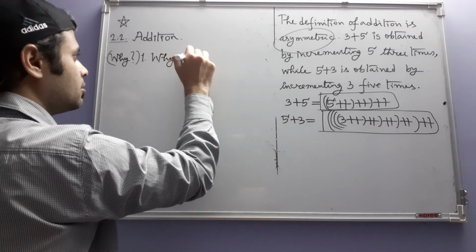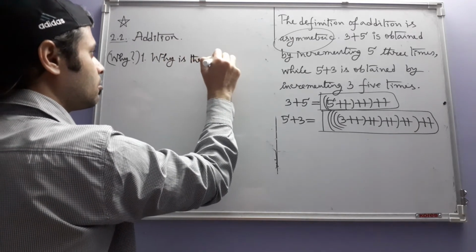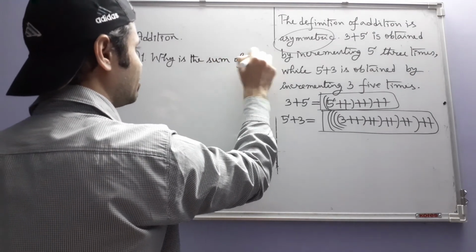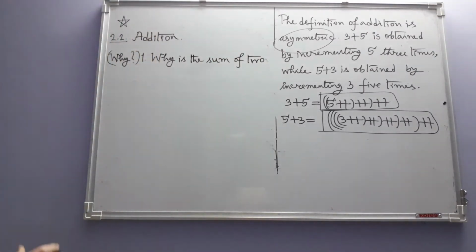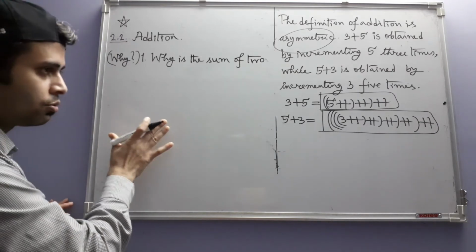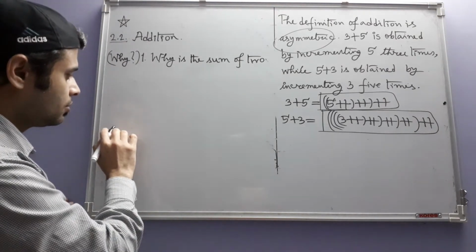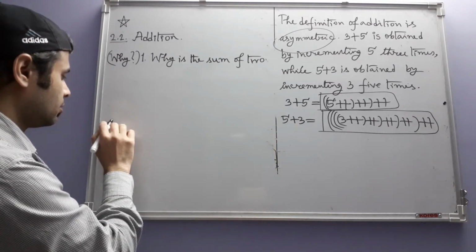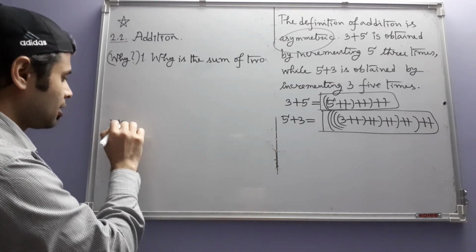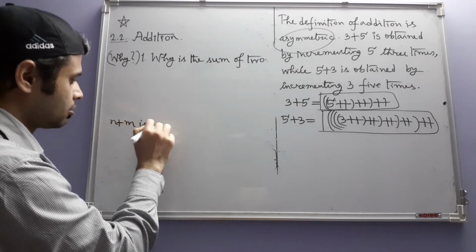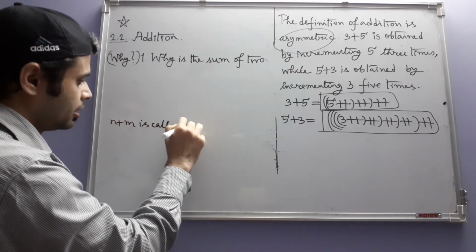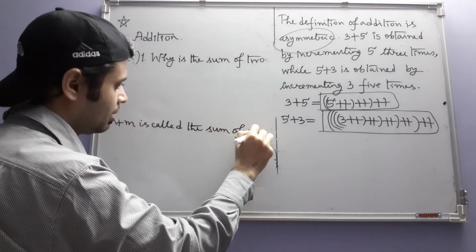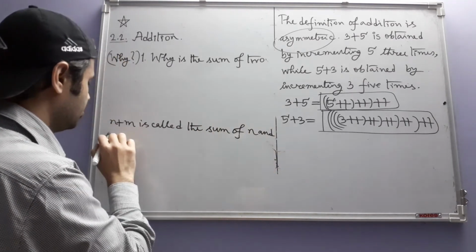Why is the sum of two natural numbers again a natural number? By the way, I should have said this now. In the definition 2.1.1, you insert one more line: n plus m is called the sum of n and m.